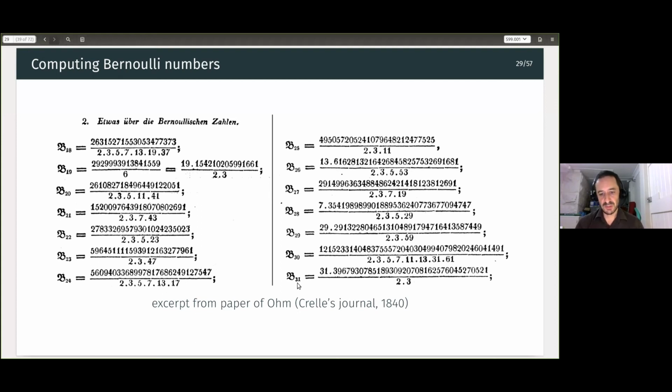But this paper is quite important because for a long time this was the table of Bernoulli numbers that people used when they needed Bernoulli numbers of large index. And it's also interesting that in 1840 it was possible to publish a paper which is just a list of Bernoulli numbers. I don't think we can get away with that these days, unfortunately. That would make life much easier if we could do that.